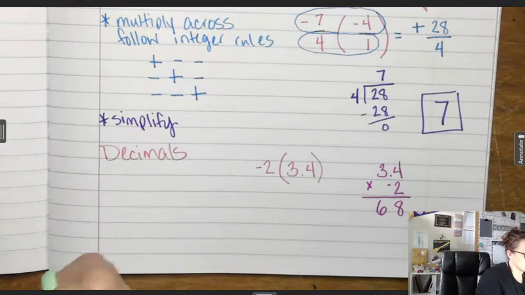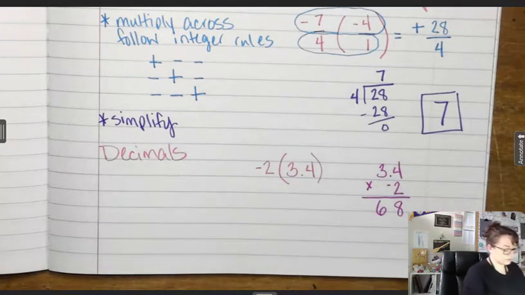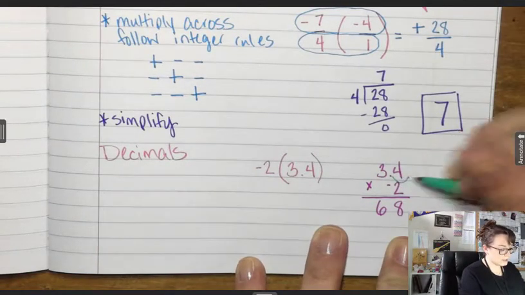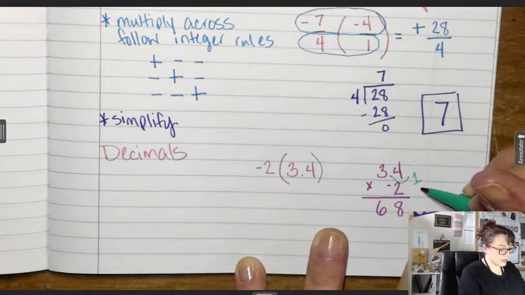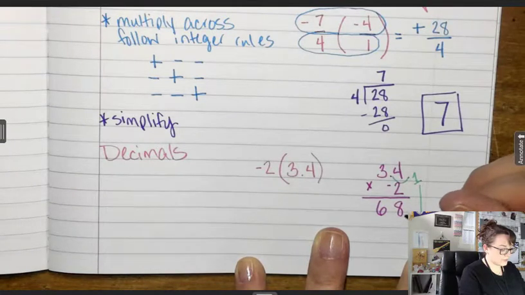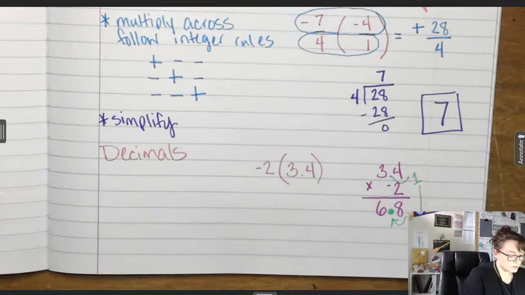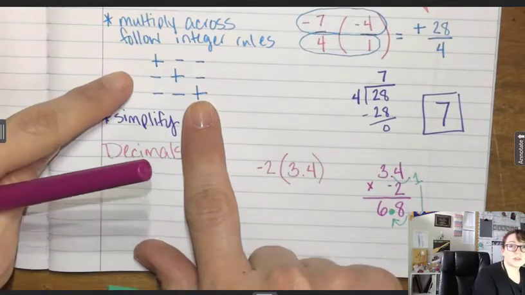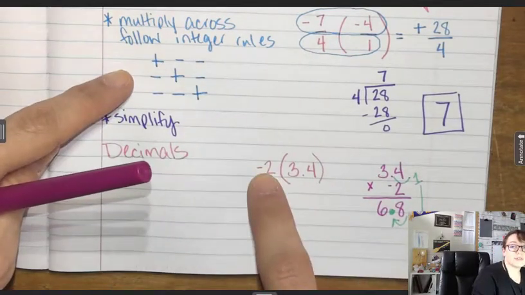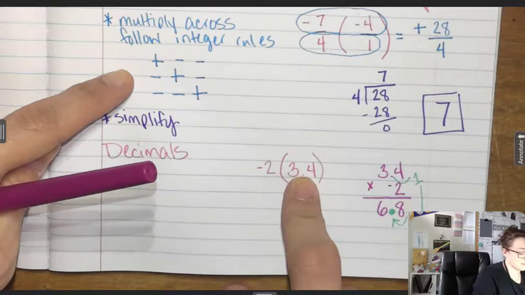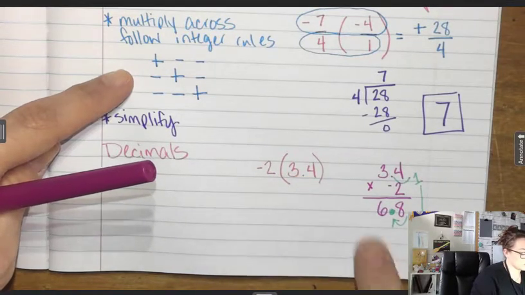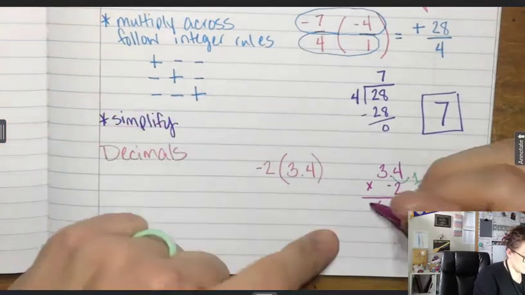Where does my decimal go? How many numbers are behind the decimal? So I've got 1 here. So I go down here, and I have to move 1 here. So my decimal goes there. Following these rules, a negative times a positive is a negative answer.